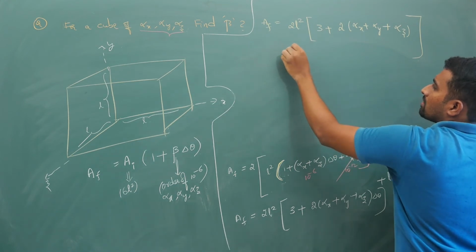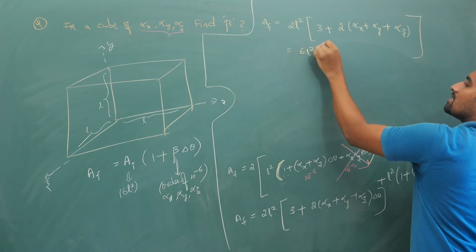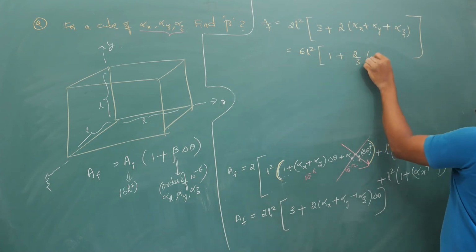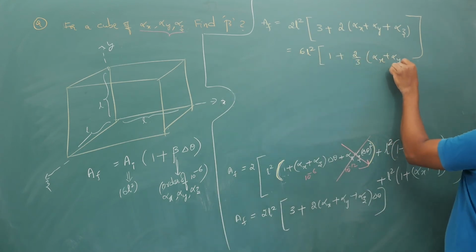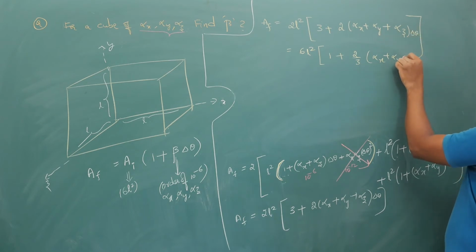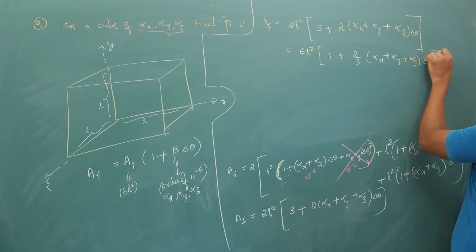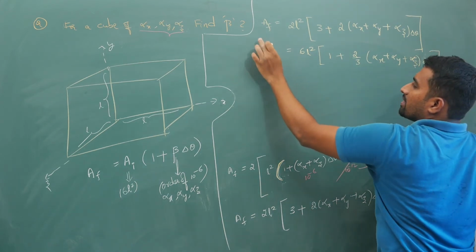So now this can be written as 6L square, I will take 3 common, that will become 1 plus 2 by 3 times alpha x plus alpha y plus alpha z into delta theta is your final area.